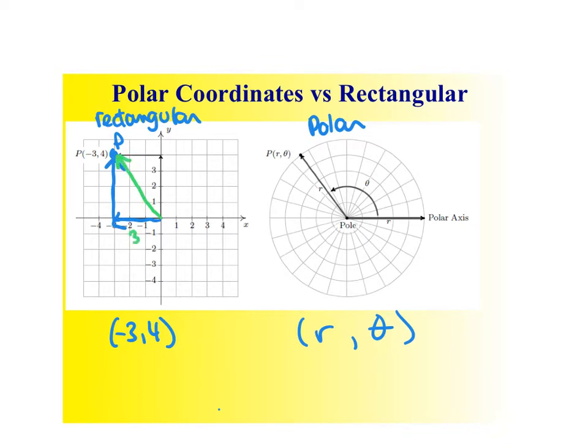So this is a 3, 4, 5 triangle. I know that my radius is going to be 5, so I would go out 1, 2, 3, 4, 5 in a positive direction because it's +5. And then I would rotate whatever this theta is going to be, and we'll find that in a bit. So polar versus rectangular.